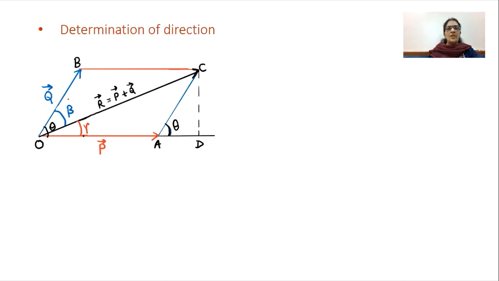If we want to find the direction, we have to find at which angle this resultant R, shown by black color, is making angle gamma with P bar or angle beta with Q bar. If we find either angle, we get the direction, that it makes this much angle with P or this much angle with Q. Let us first write it in terms of gamma. For that we take the same triangle ODC as before. This is O, this is D, this is C. So in triangle ODC we want to find it in terms of gamma.